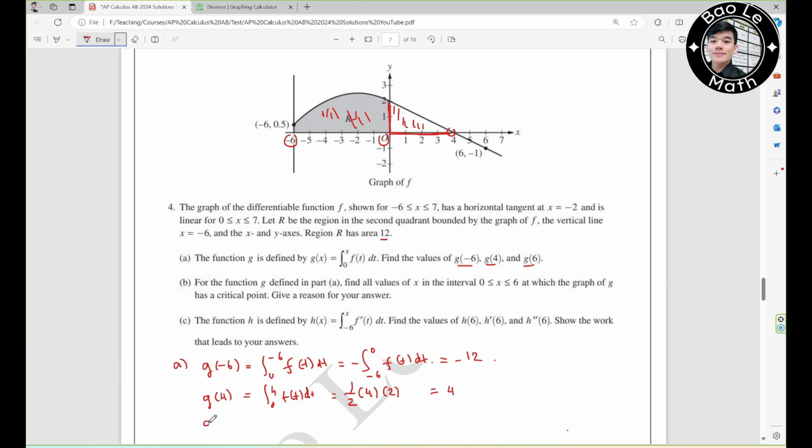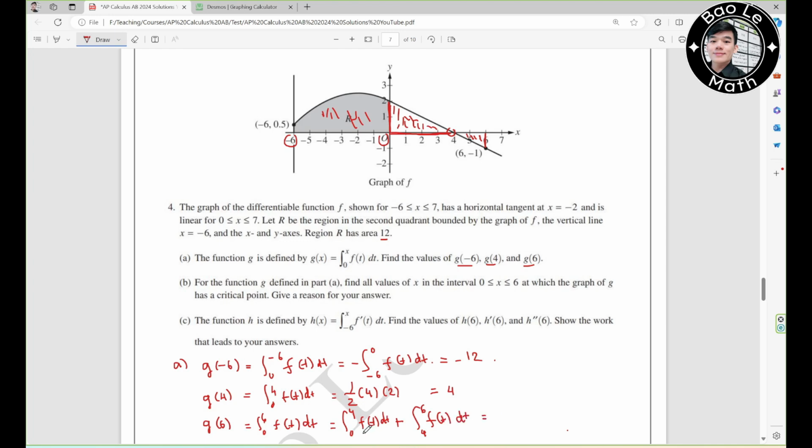Now, g of 6 is going to be integral from 0 to 6 of f of t dt. Alright, 0 to 6 we have 2 regions right here. The triangle on the top and the triangle on the bottom right here. So it's going to be integral from 0 to 4 of f of t dt plus the integral from 4 to 6 of f of t dt.